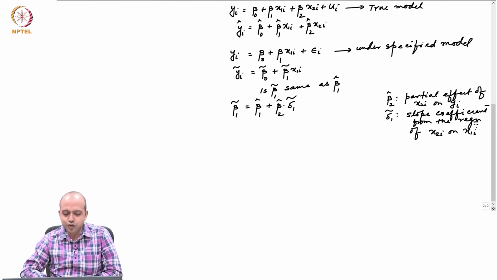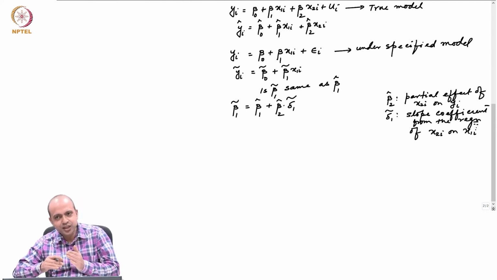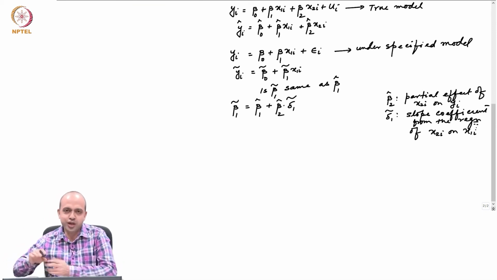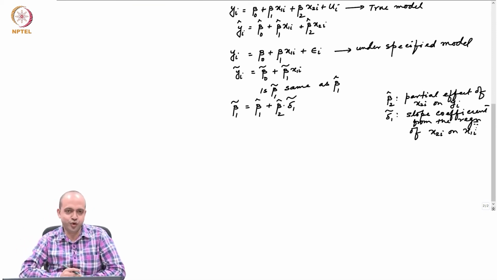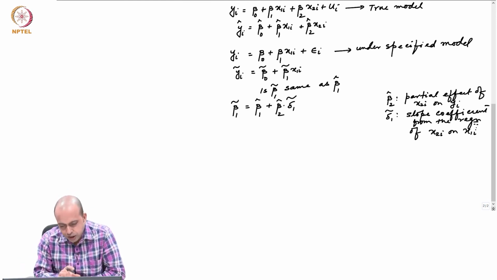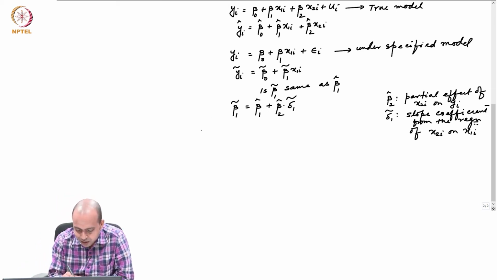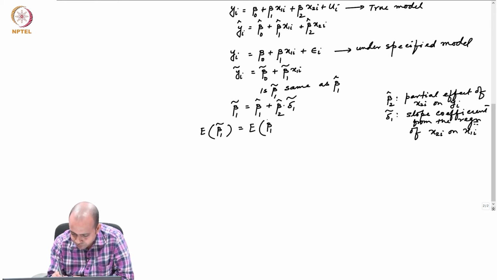That means you can think of delta 1 tilde as basically the sample correlation between x1i, education, and x2i, which you have actually excluded from your model, right, excluded from your model. So, if you take the expectation of beta 1 tilde, what will you get? Expectation of beta 1 tilde would be the expectation of beta 1 hat plus beta 2 hat times delta 1 tilde.